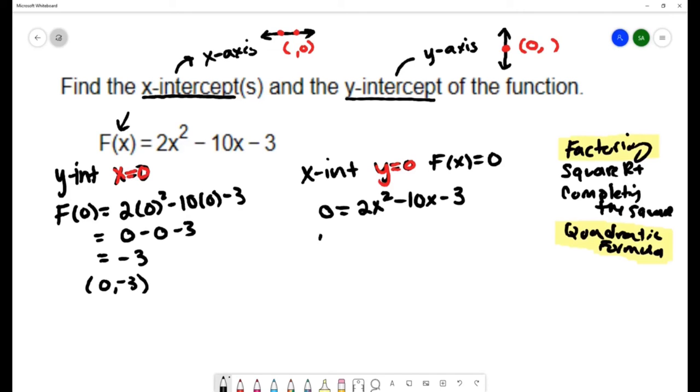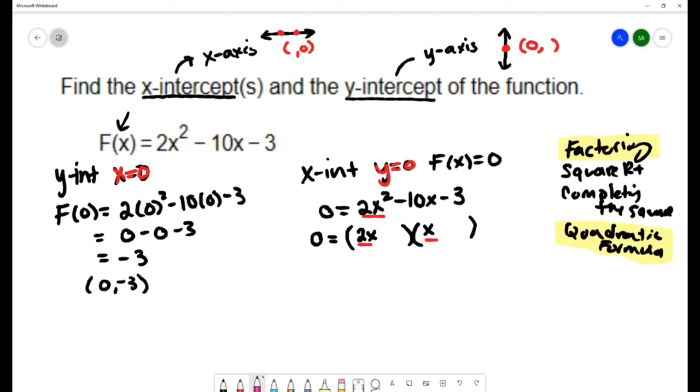So when I'm trying to factor, I usually use the guess and check method. There are other methods for factoring out there. So I'm going to set up two parentheses, and the numbers that go in the front here need to multiply to be 2x². Now 2 only has one pair of factors, that's 1 times 2. So I'm going to use 2x and x.